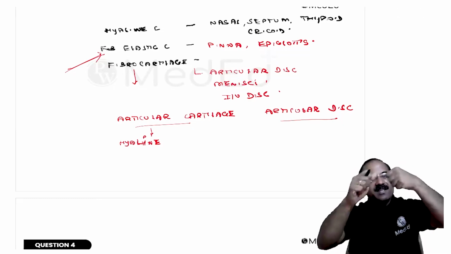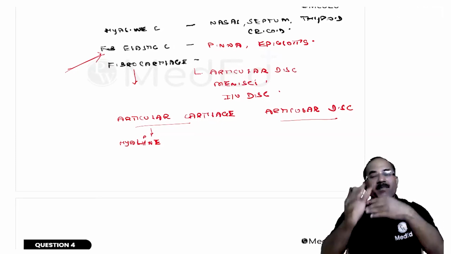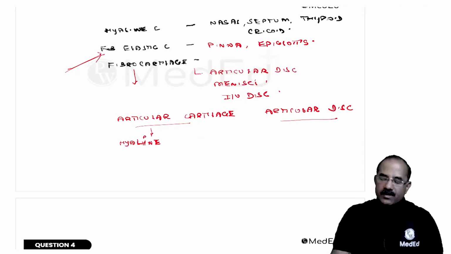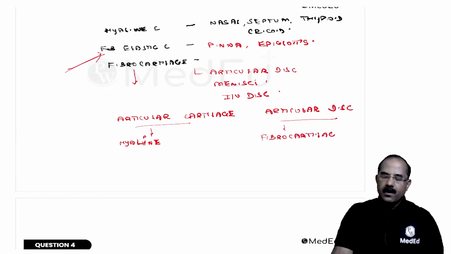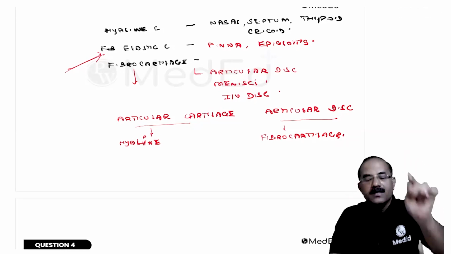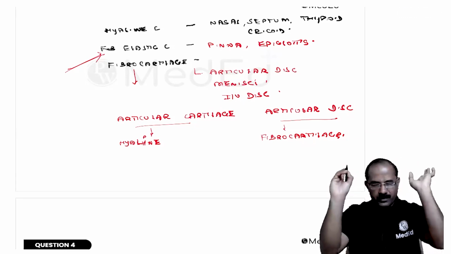These are the two bones forming the joint, and their surfaces are covered by hyaline cartilage, and that is articular cartilage. Whereas articular disc is fibrocartilage. Understood? Articular cartilage is hyaline, and articular disc is white fibrocartilage. No confusion.